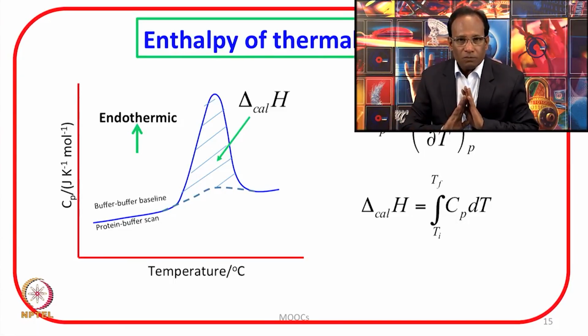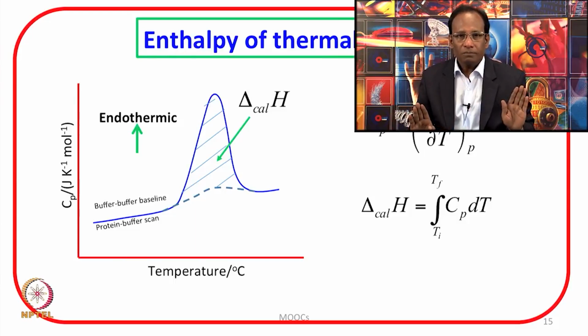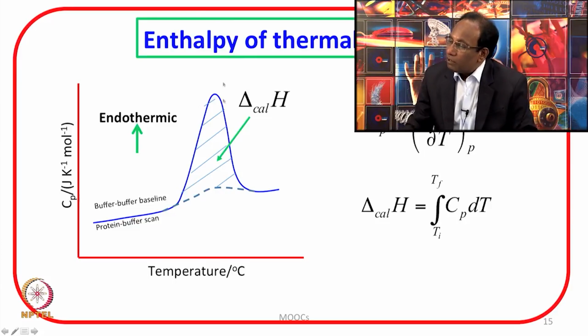There is no assumption in this. Let us look at the slide: what you are getting is a completely experimental curve with no assumptions made, and the area is the calculated area with no assumptions made. Therefore, this delta H is the true enthalpy of unfolding, and let us label this as delta H Cal, the calorimetric enthalpy.